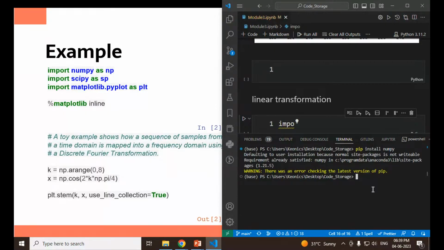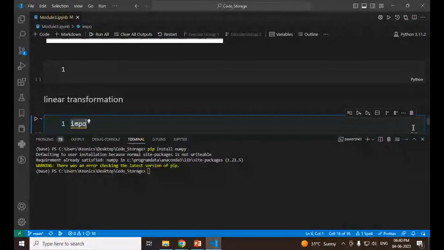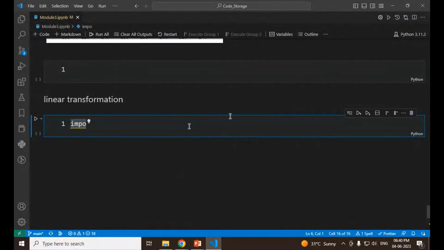Yes, so what output have you got? Why is it not running in 3.11 version? We got the same error. What is the error?